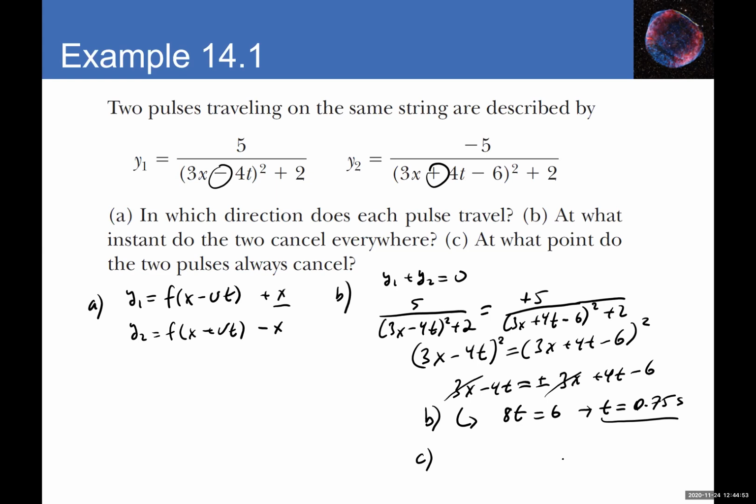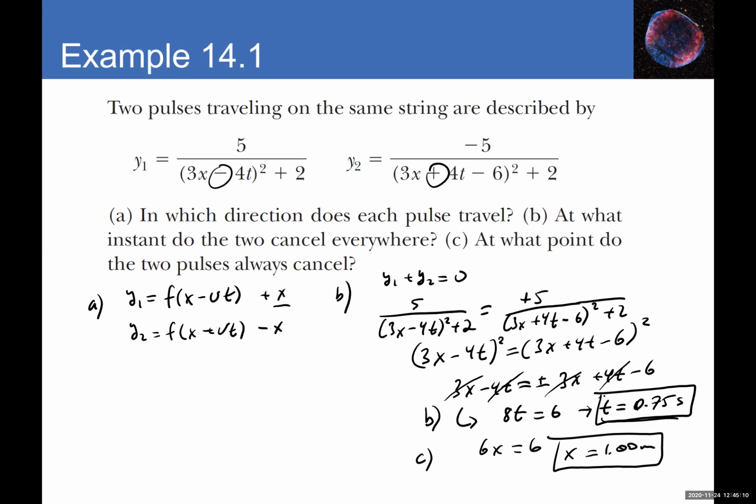And if you're doing the negative root, then the t's cancel out, so you get it in terms of x, which gives you 6x equals 6. Then x equals 1 meter. Okay, so those are the answers for that.